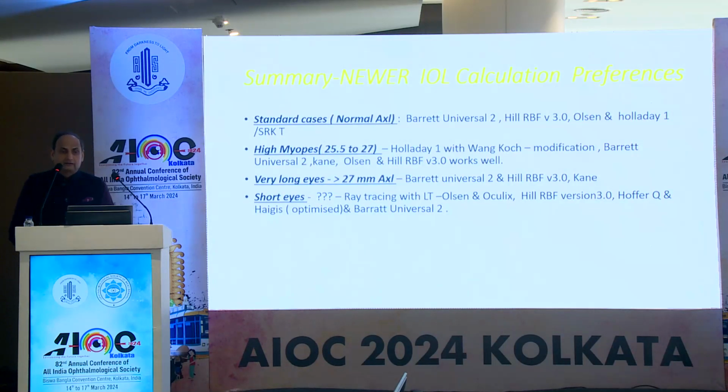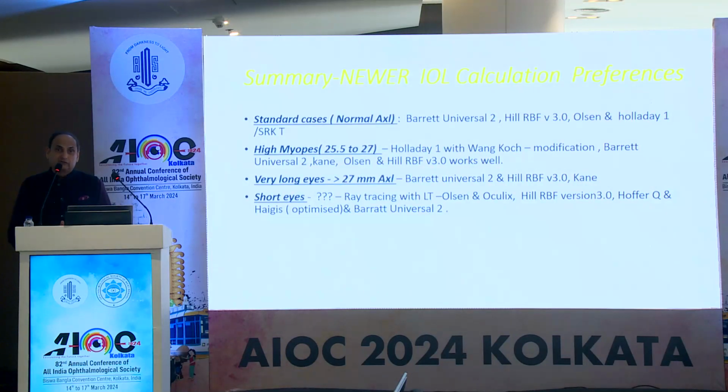So in summary, for standard cases, Barrett Universal 2, Hill RBF version 3.0, Olsen and Holladay 1 or SRK/T are the standard formulas that we can use. For high myopes, Holladay 1 with Wang-Koch modification, Barrett Universal 2, Kane, Olsen and Hill RBF version 3 work well.